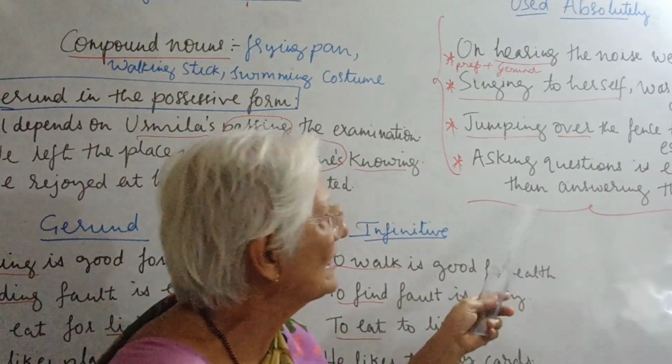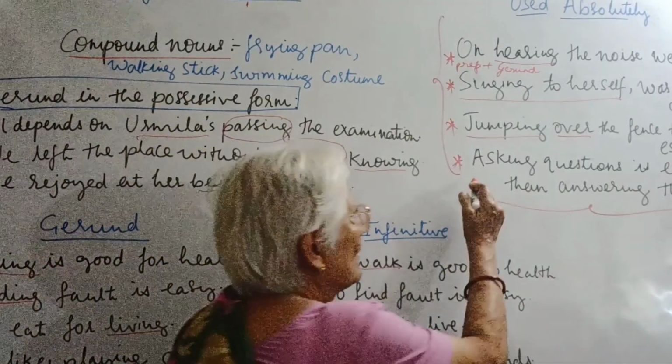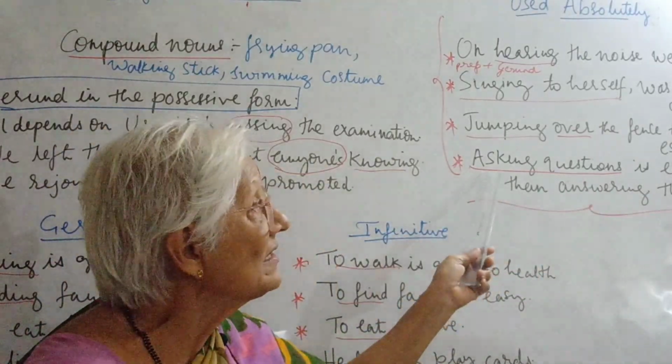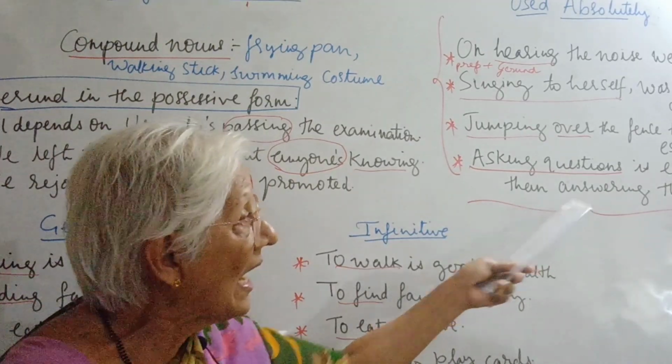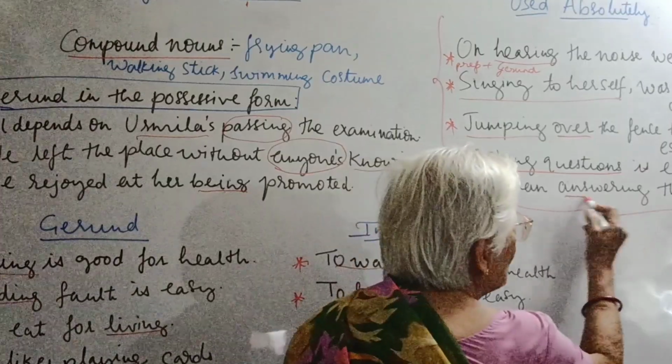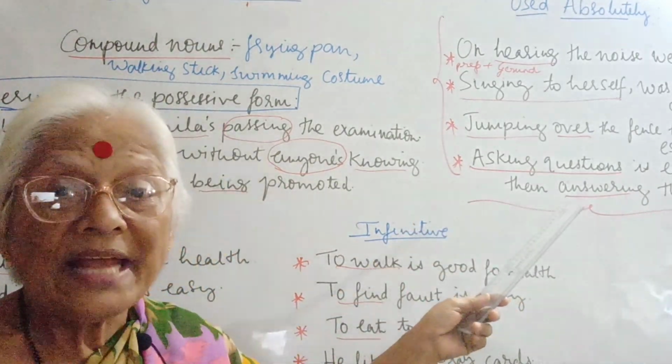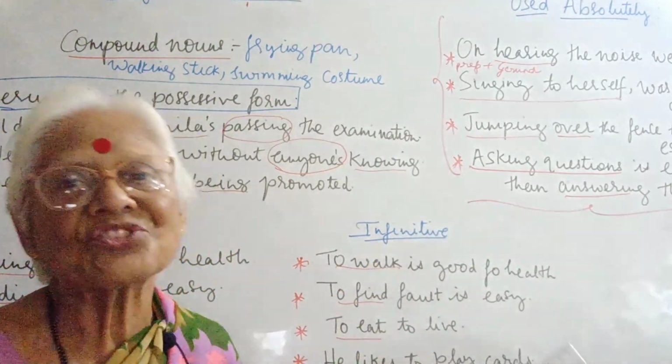Asking questions is easier than answering them. Asking questions. What is easier? Asking questions than answering. Here answering also is a gerund. So gerunds can be used absolutely as phrases in a sentence structure.